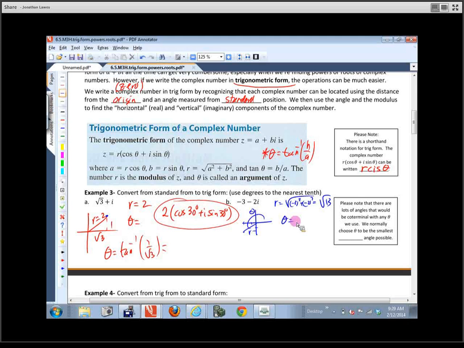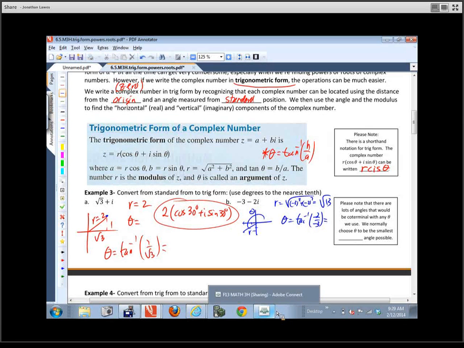How do I find the direction angle? Okay, we're going to do a tangent inverse of, it's the b over the a, so -2 over -3. And what does your calculator tell you?